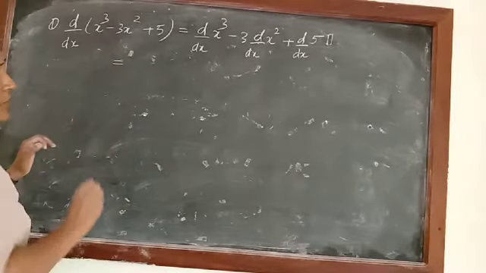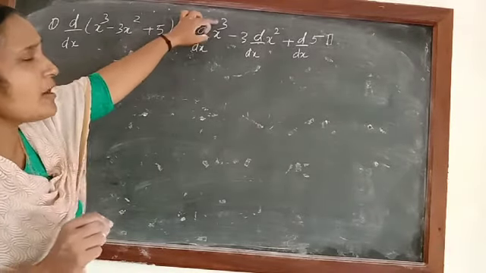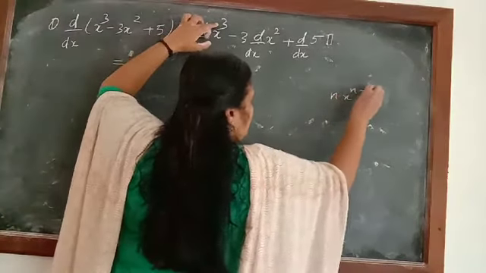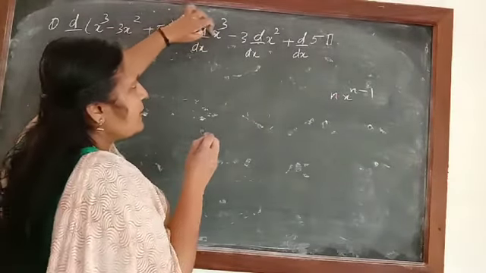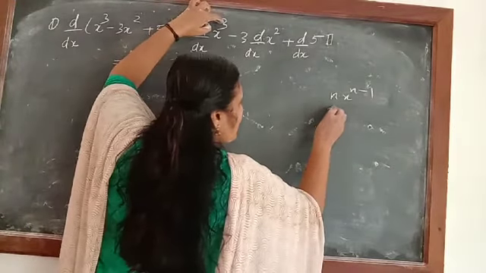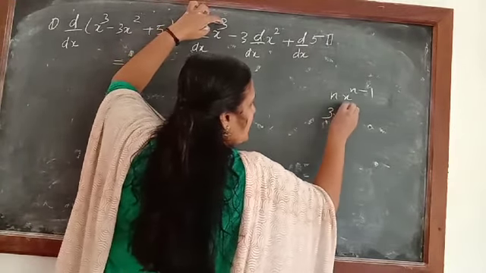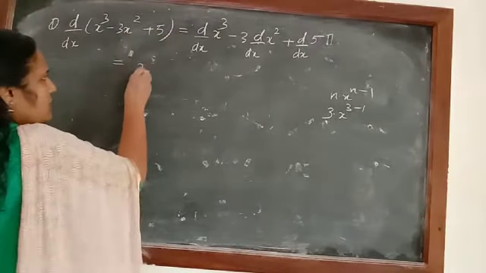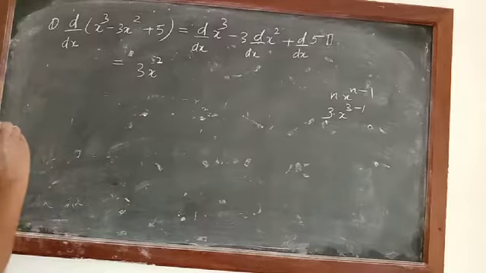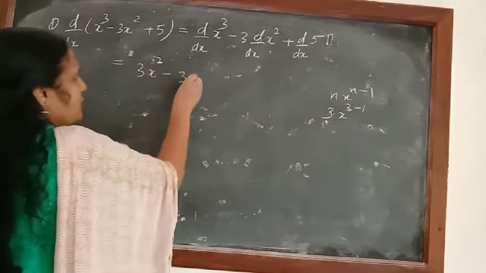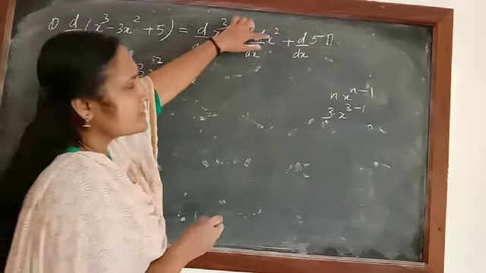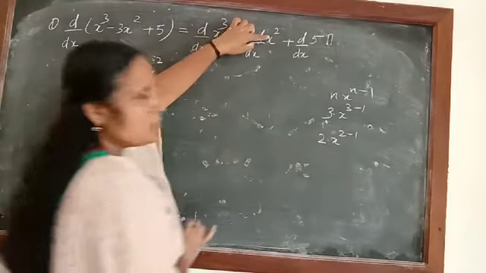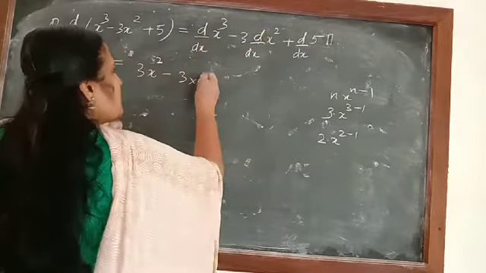Now here we can check what will be the answer. d by dx of x raised to n is n into x raised to n minus 1. So d by dx of x cube, in place of n we have 3, so it will come 3 into x raised to 3 minus 1. So directly we can write this will be equal to 3x square minus 3 into d by dx of x square, that will be 2 into x raised to 2 minus 1, so we get 2x.